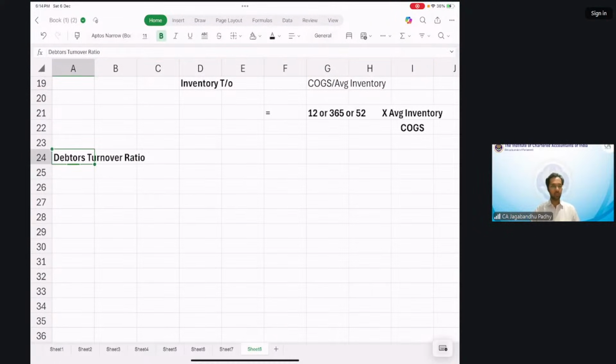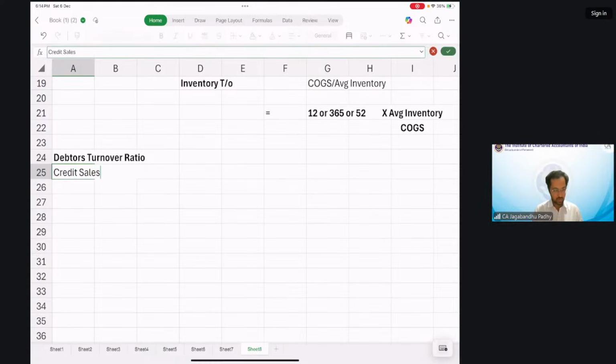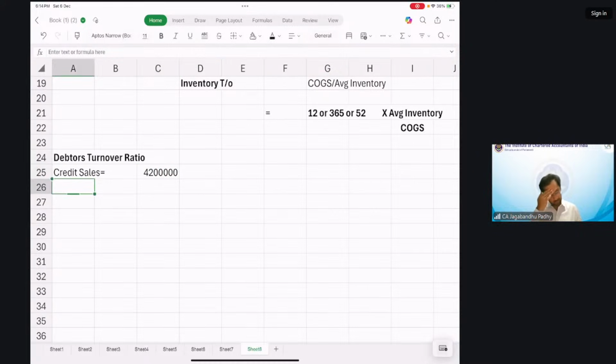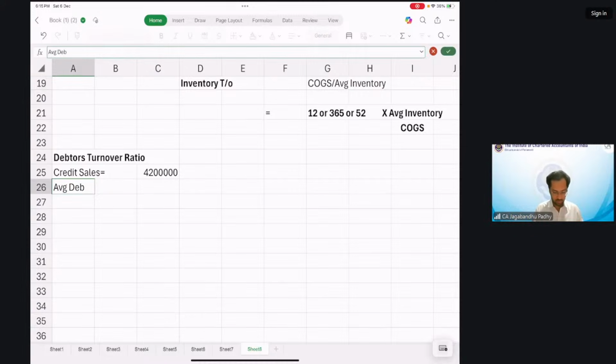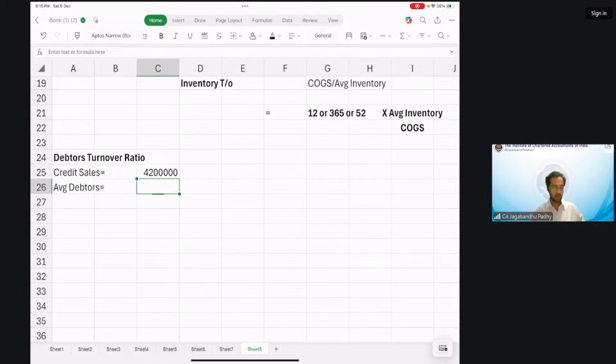So debtors turnover, we can understand it like this. Let's say credit sales is 42 lakhs. And we have average debtors is 10 lakh 50,000.